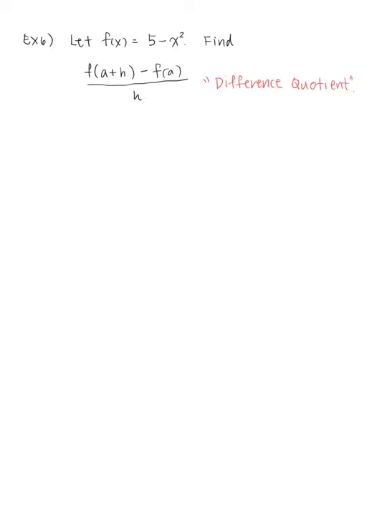All right, so first, what we need to do is compute f of a plus h. Then let's compute f of a. Then we're going to subtract f of a from f of a plus h. Okay, so ready? So we have f of a plus h. Let's do it one piece at a time. So this is 5 minus (a plus h) squared, which is the same thing as 5 minus (a plus h) times (a plus h).